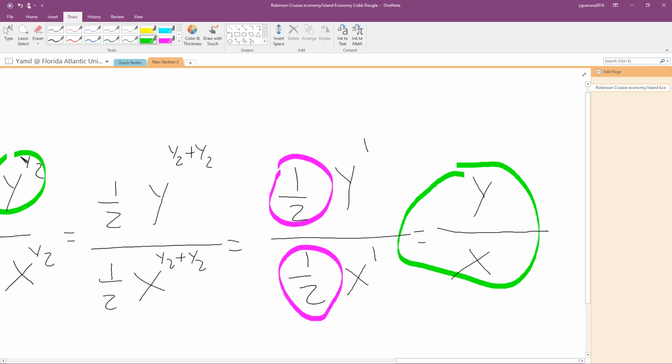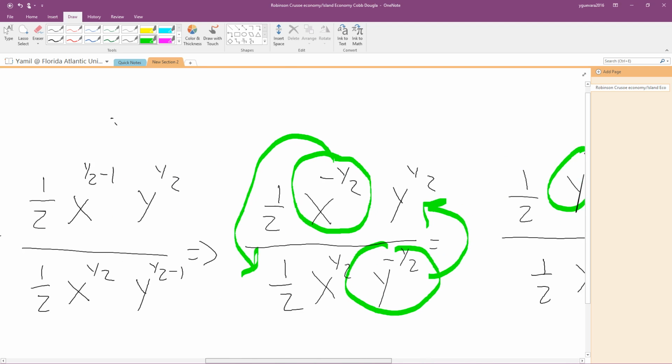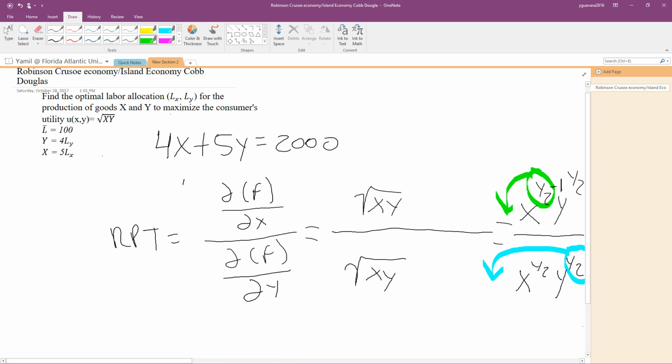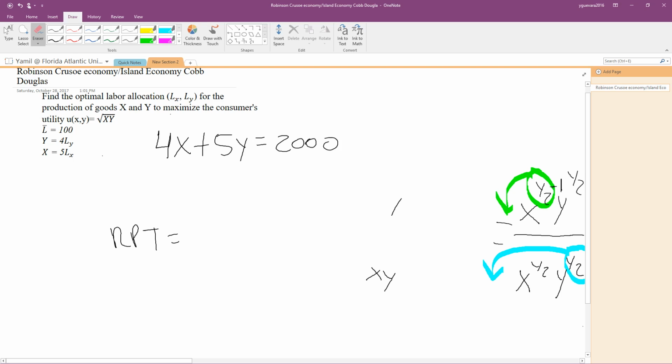Now that we found an RPT, we need to find our marginal rate of substitution for our PPF. Okay, so let me erase this here real quick. I want to continue. We get some space here.